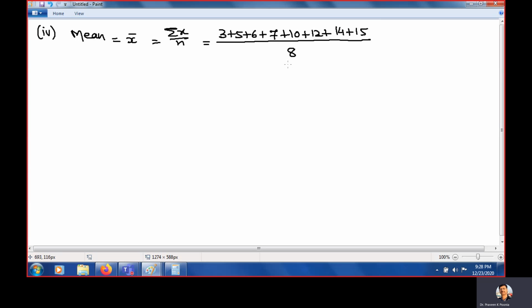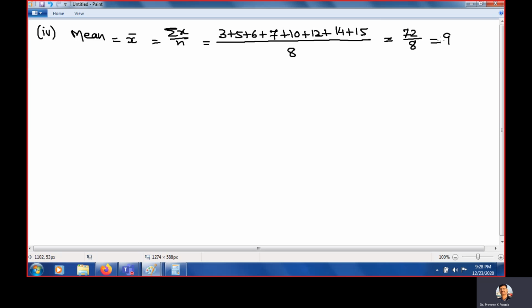Total numbers are 8. And if you find the sum, 8 plus 6, 14 plus 7, 21, 31 and 12, 43, 43 and 14 is 57 and 15, 72 upon 8. This is 9.